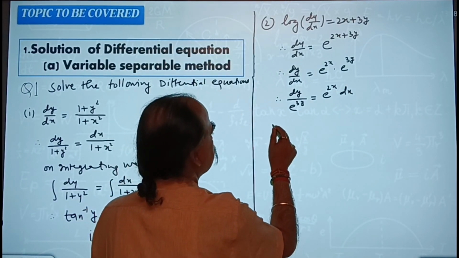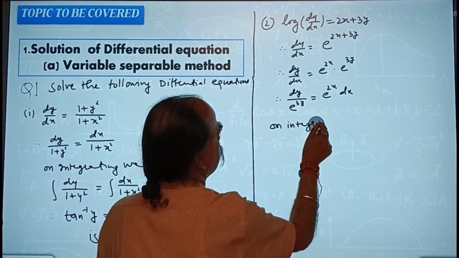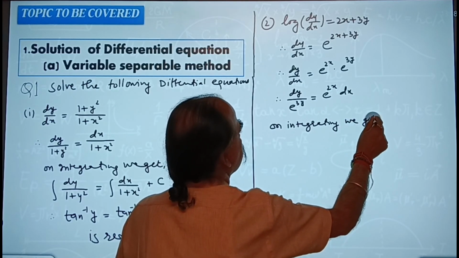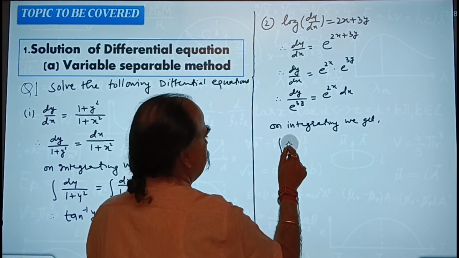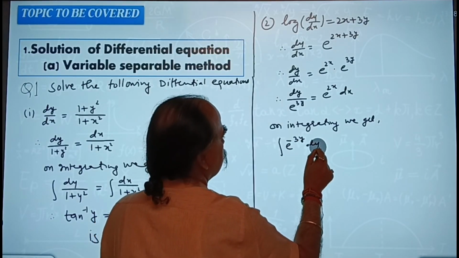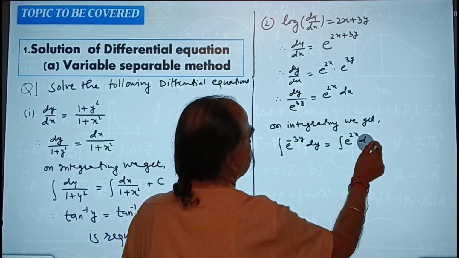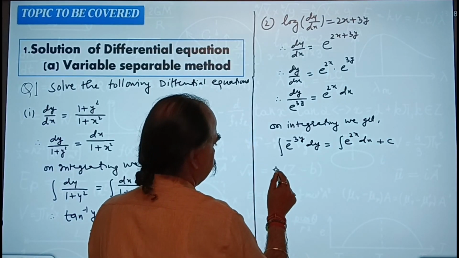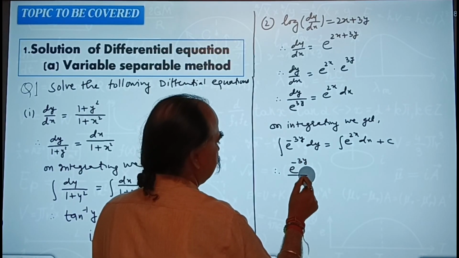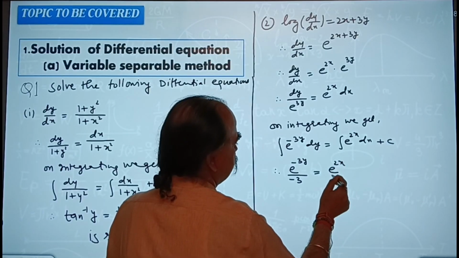On integrating, integral e raised to minus 3y dy is equal to integral e raised to 2x dx. So e raised to minus 3y upon minus 3 is equal to e raised to 2x upon 2 plus c.